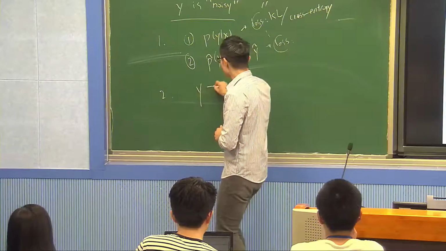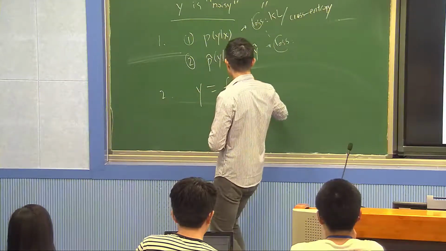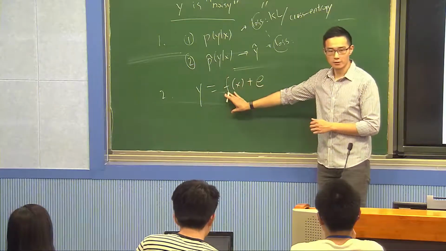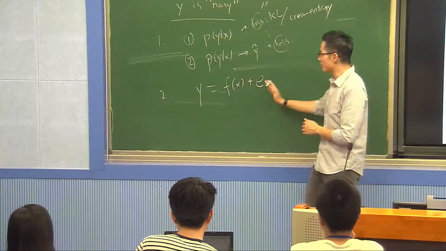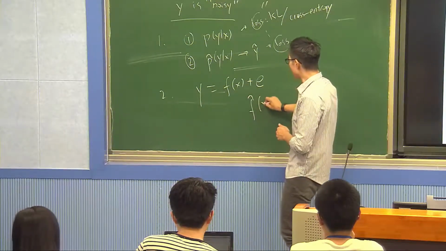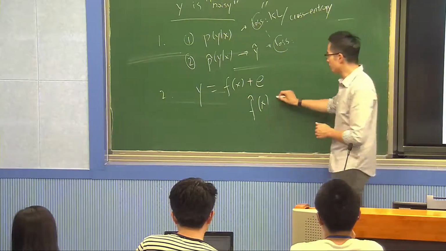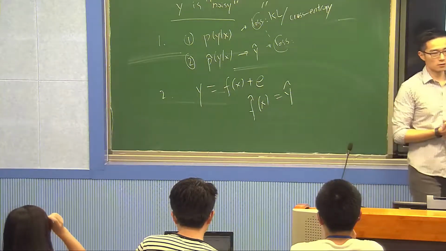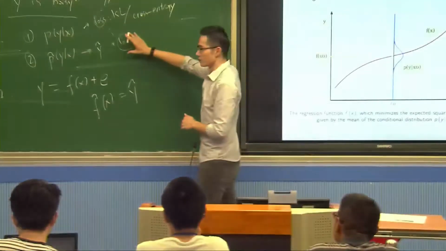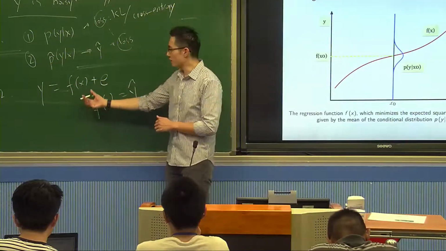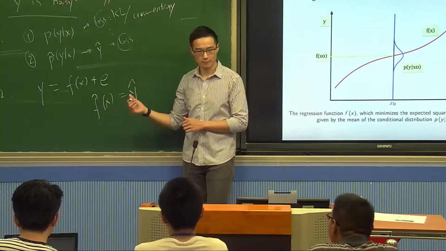Let's write Y equals f(X) plus noise. I want to find the optimal f that directly takes an X and predicts Y. Based on my estimated f hat, I immediately have my Y hat. So instead of estimating a conditional probability, I directly find a function that best predicts Y hat.